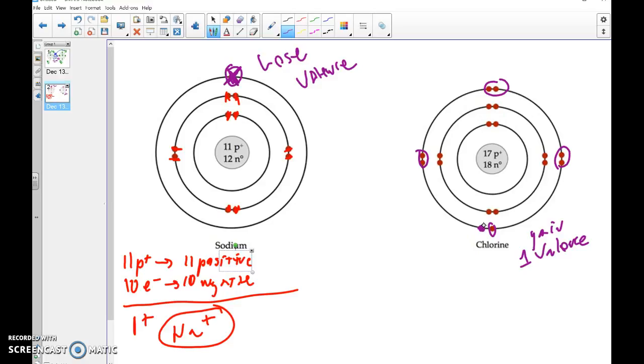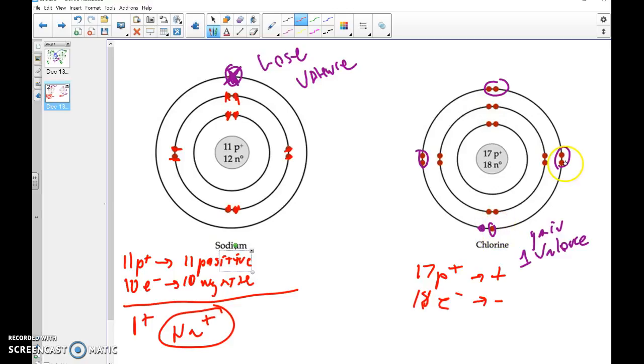And so what this does is this creates a situation where chlorine now has 17 protons, so 17 positive charges, and 18 electrons, or 18 negative charges.